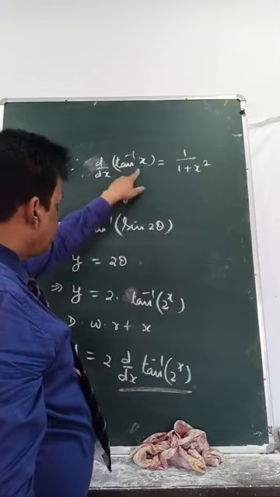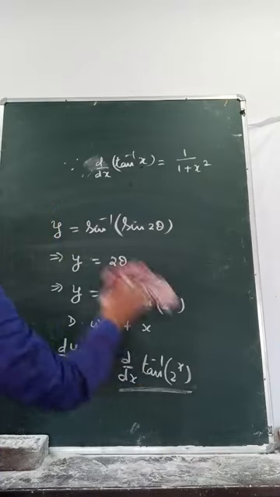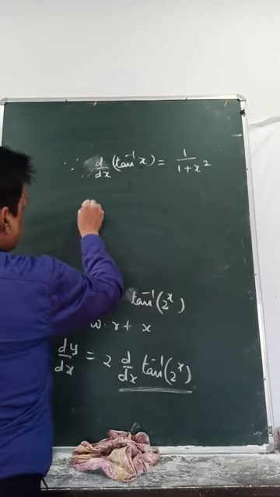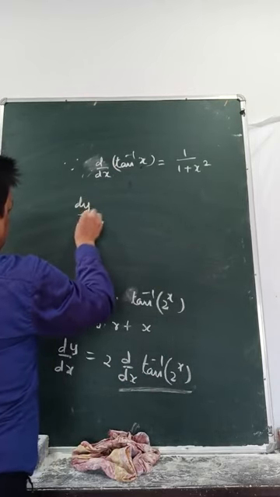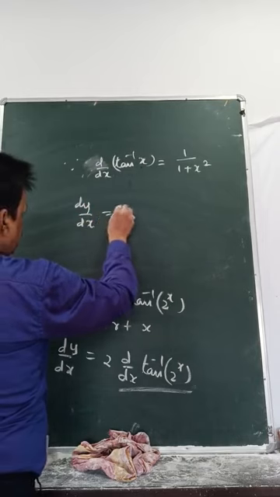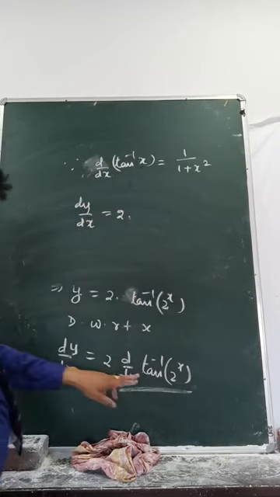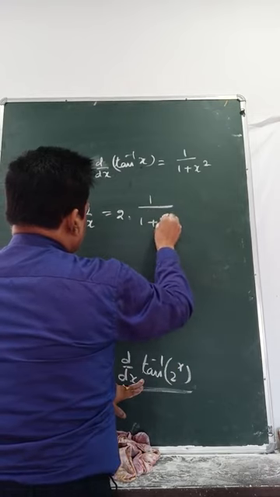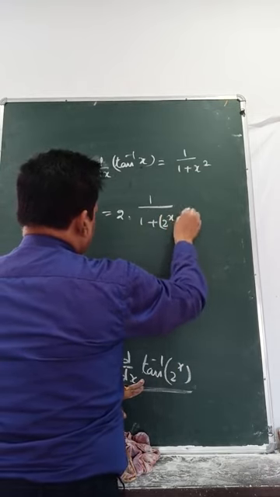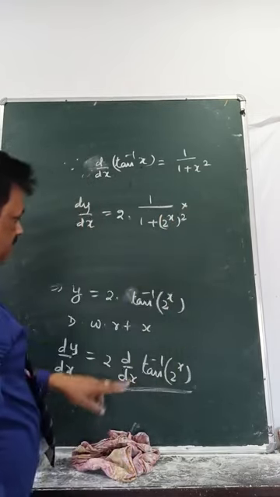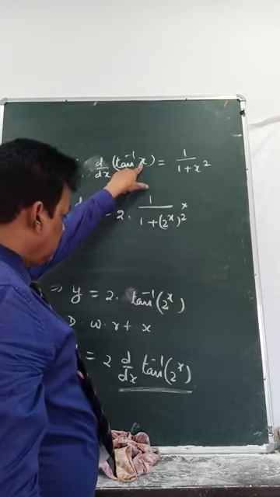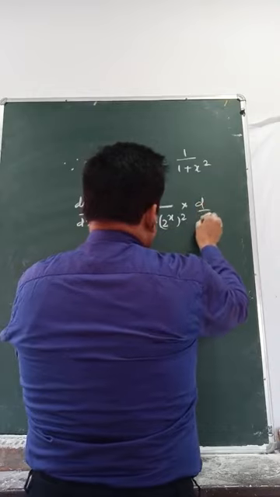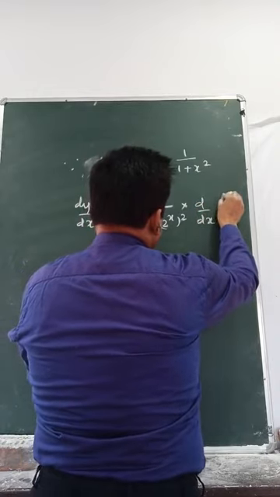So if I look at this formula, what shall I get now? dy/dx is 2 times 1 by 1 plus (2 to the power x) whole square, but in place of x you have 2 to the power x. So the chain rule part is the derivative of 2 to the power x.